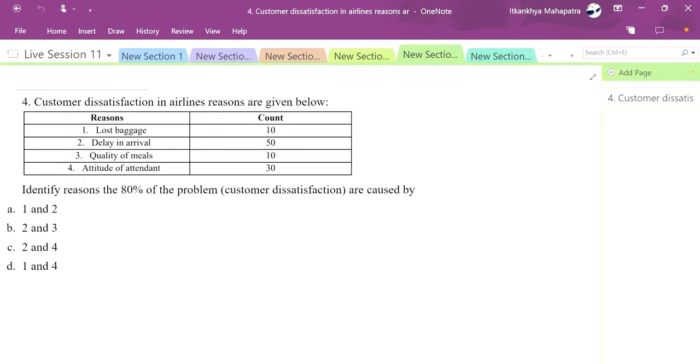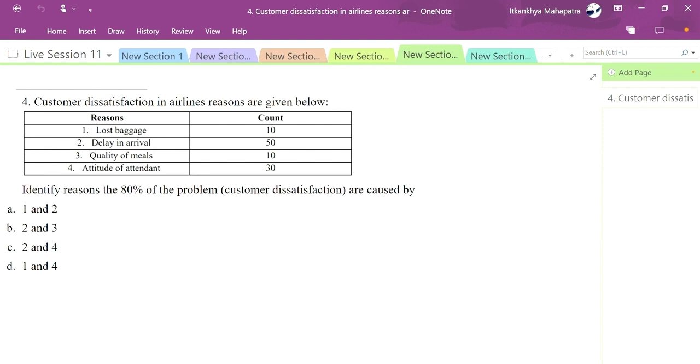So the next question. Customer dissatisfaction and airline reasons are given below. Identify the reasons which are causing 80% of the problem of customer dissatisfaction. So, to analyze this, we will first draw a Pareto chart of reasons.